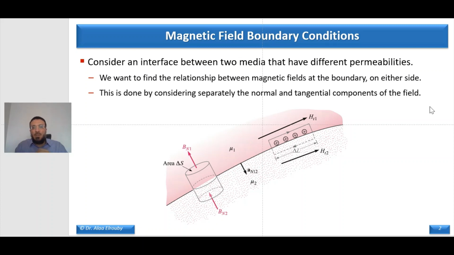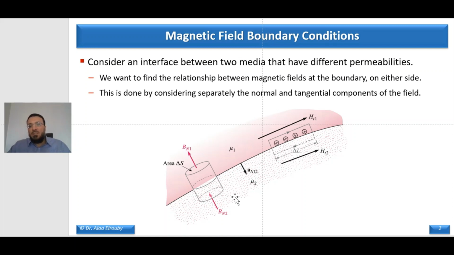Here we are talking about magnetic field boundary conditions, which means the 2 media, media 1 and media 2, are different in their magnetic properties. So media 1, as shown here, is media with permeability mu1, media 2 does have a different permeability mu2, and we would like to study the relationship between the magnetic field in media 1 and magnetic field in media 2.